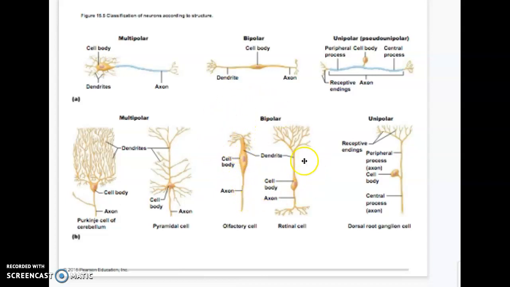And these tend to be special sensory cells, so olfactory, retinal cells. They are in the special senses. And then we have unipolar neurons, and unipolar neurons have one process and the cell body is kind of off to the side. Unipolar neurons tend to be sensory neurons. So information comes in here, information goes out here.